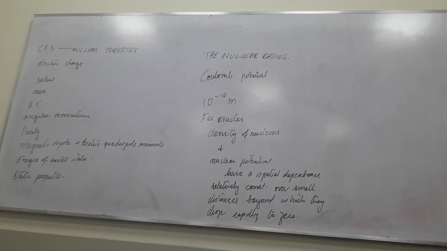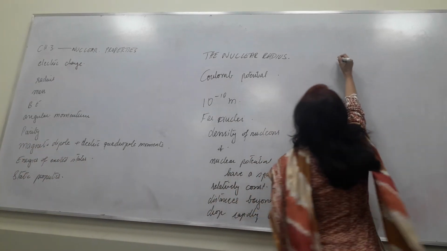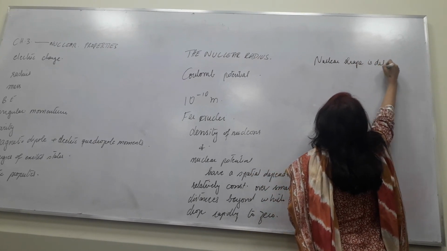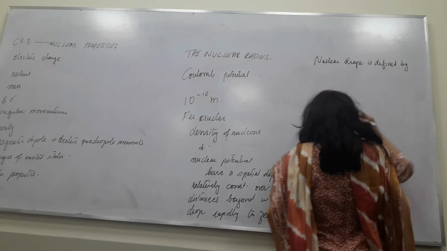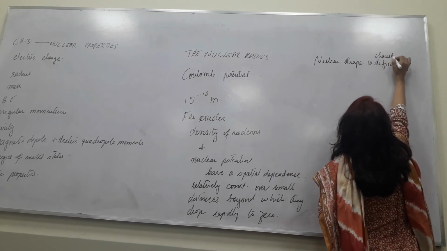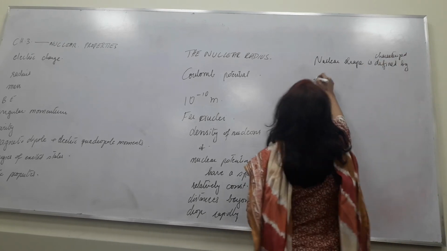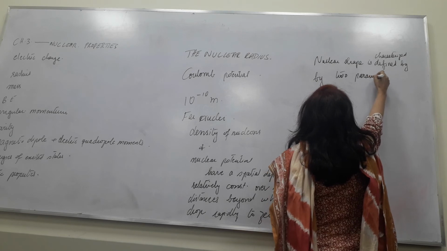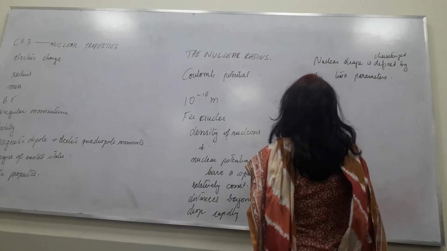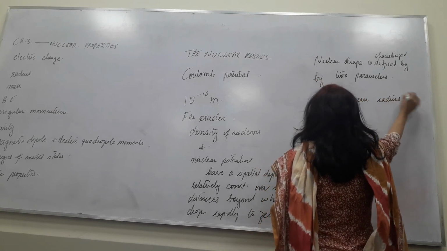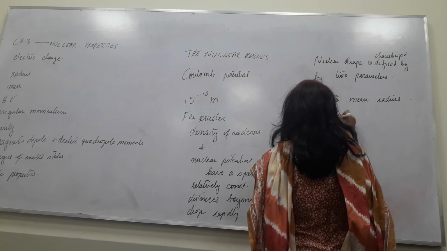Therefore, there are two terms that we will use to define, or characterize, the nuclear shape. So, you have the mean radius and you have the skin thickness.